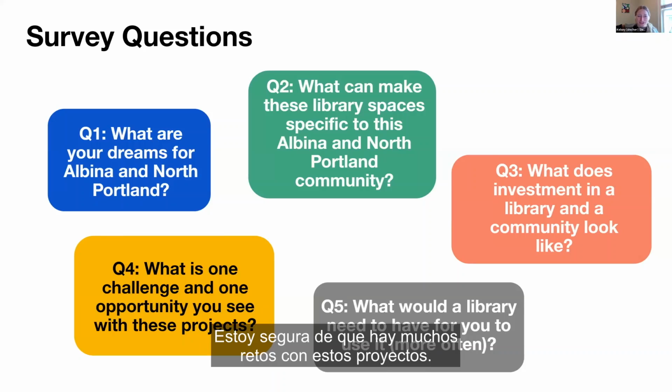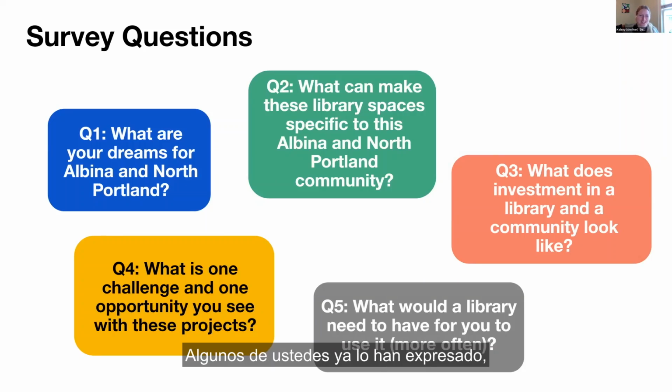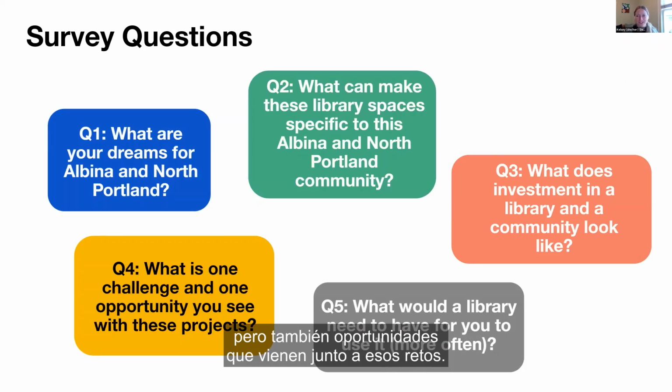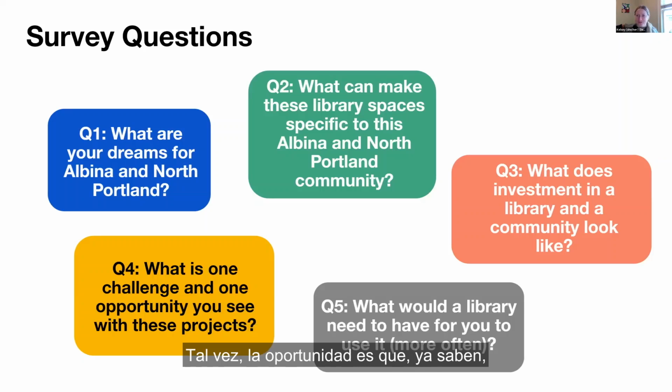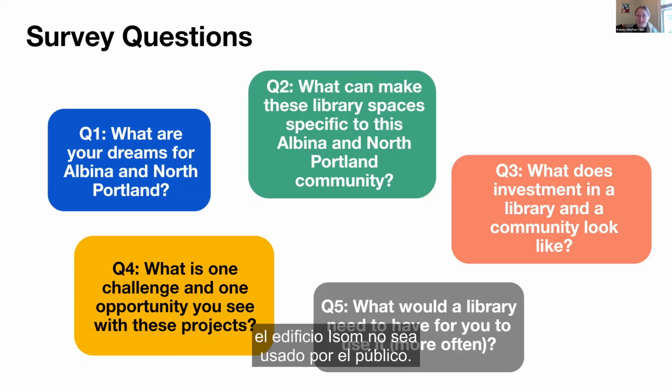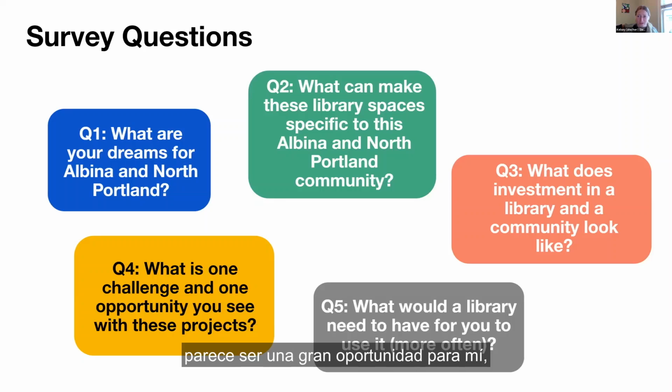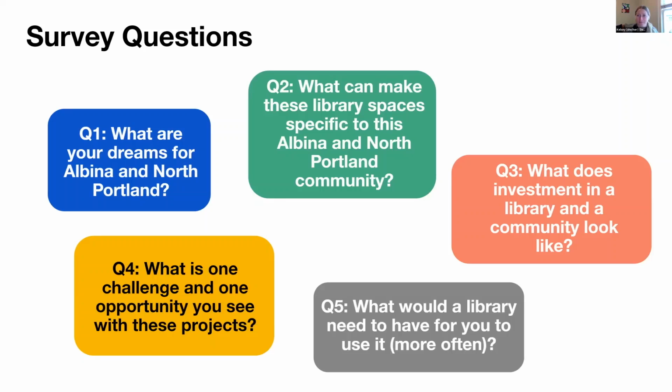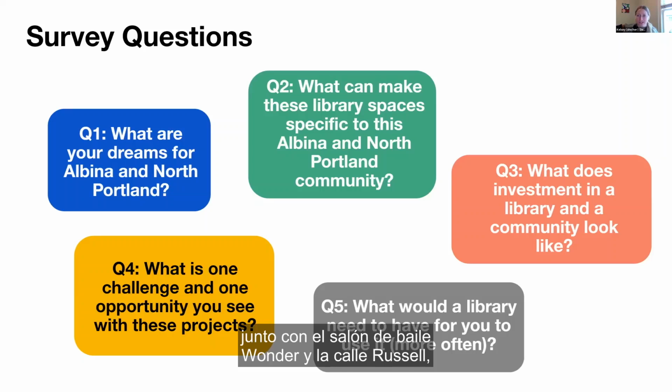I'm sure there's a lot of challenges with these projects. Some of you have already voiced those, but also opportunities come along with those challenges. So maybe the opportunity is that the ISOM building isn't used by the public. So to make that corridor a little bit more public seems like a great opportunity to me, along Wonder Ballroom and Russell Street, and to activate that space more.